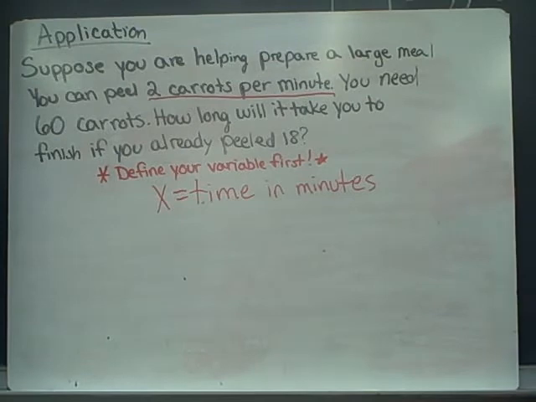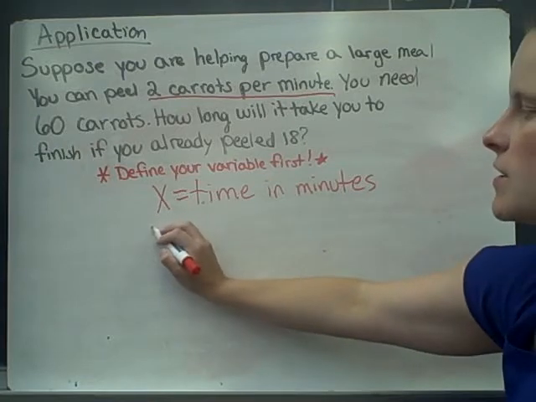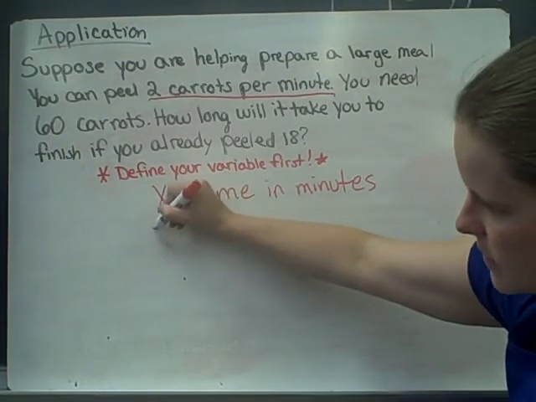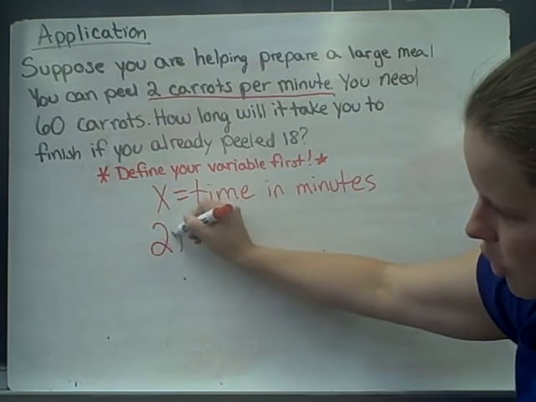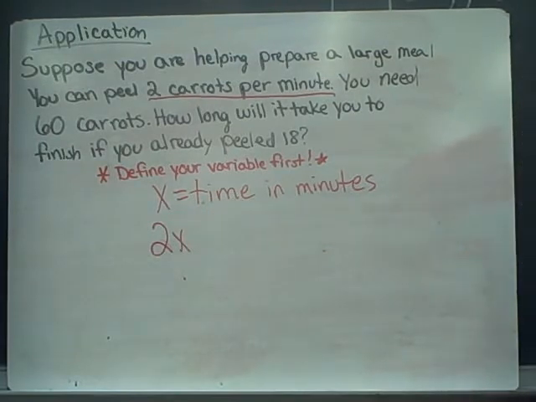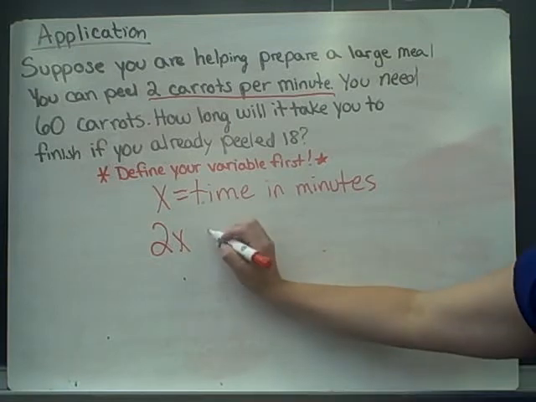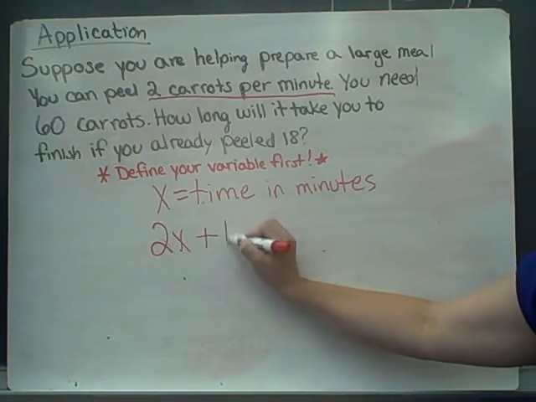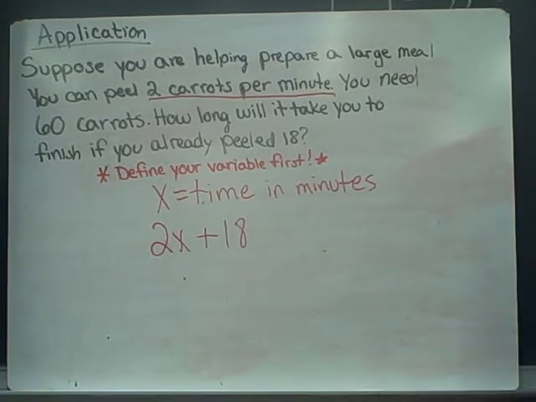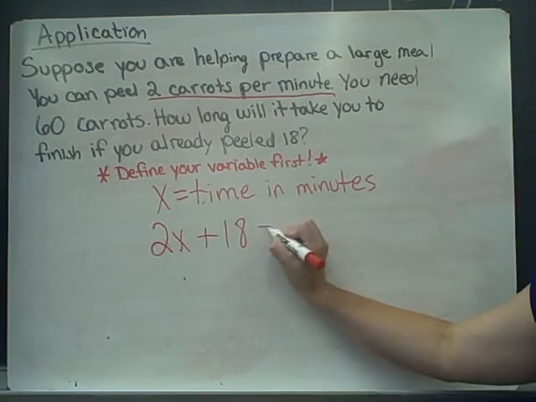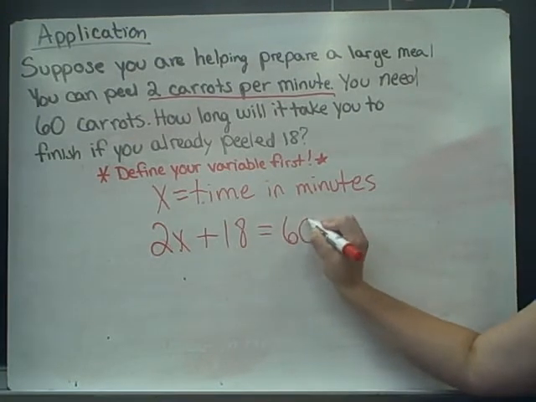Okay, so we know that we can peel 2 carrots per minute. 2 carrots per minute is 2 times x, because we have 2 per minute. But we also know that we've already peeled 18. And together, we know we have to have 60.